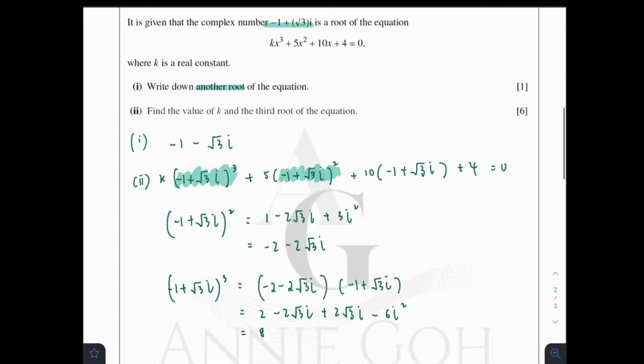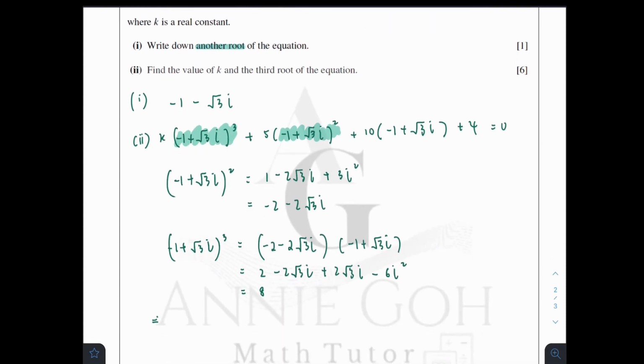And hence, we will have 8k plus 5 times negative 2 minus 2 square root 3i. Open up the bracket over here, you will have minus 10 plus 10 square root 3i plus a 4 and equals to 0.